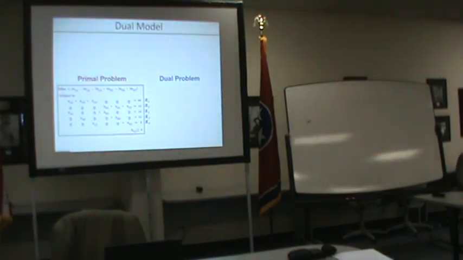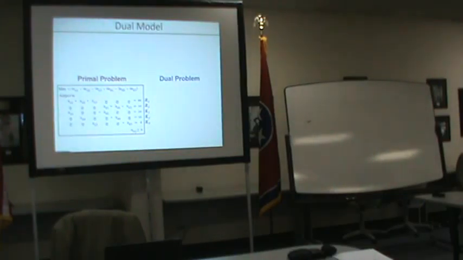So for the row constraints, I'm going to define the dual values R1 and R2, because I spell row with R. And if you don't mind, I'm going to spell column with K. I hope I'm not cramping your style here.